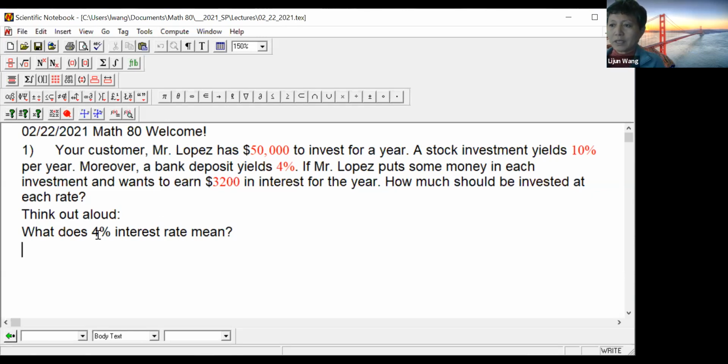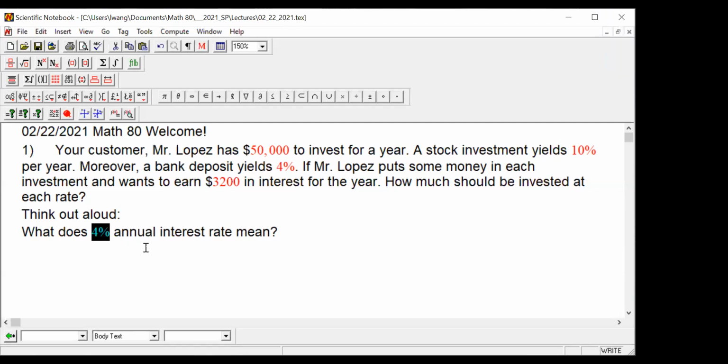In particular, we can say annual interest. Most of the interest rates we're talking about here are annual interest rates. I'm sure we don't have 4% in savings these days, but we're just taking this as an example. What does a 4% annual interest mean? Can anybody say something? Do you understand what 4% means? They're going to be charging you 4% interest.